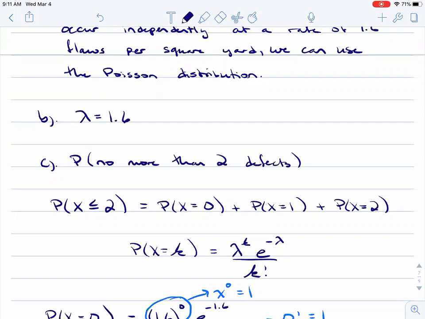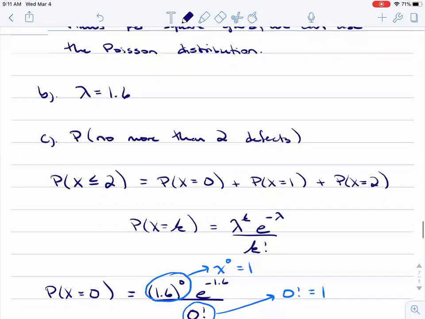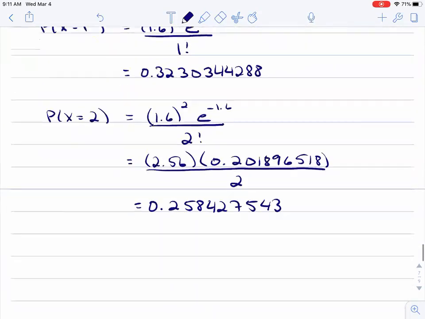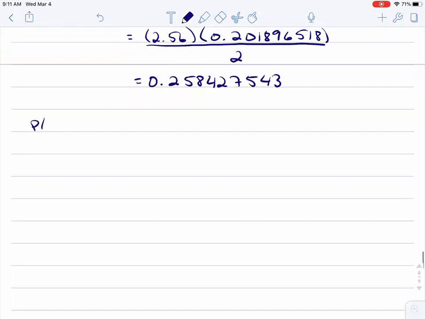So already I'm expecting to see a pretty large probability. Let's see if that's true. So the probability that x is less than or equal to 2 is the probability that x equals 0, just rewriting what we did earlier, plus the probability that x equals 1, plus the probability that x equals 2.